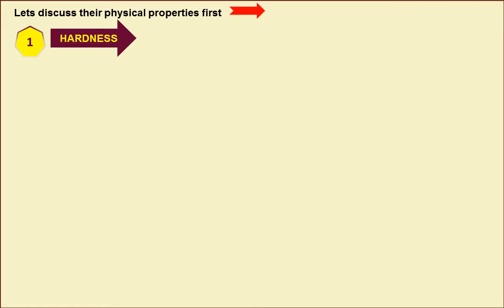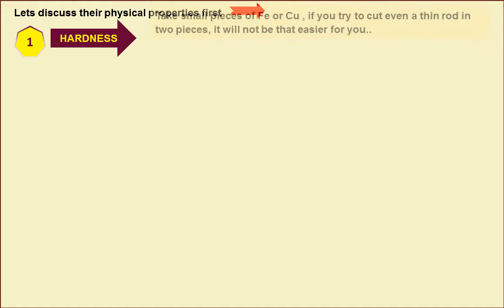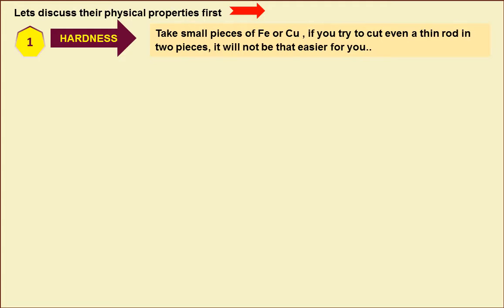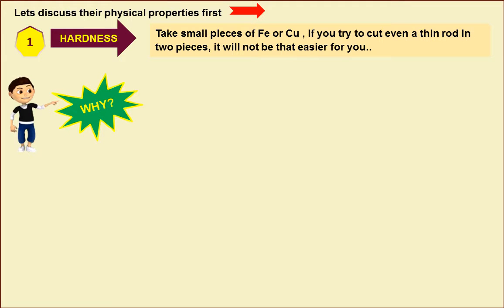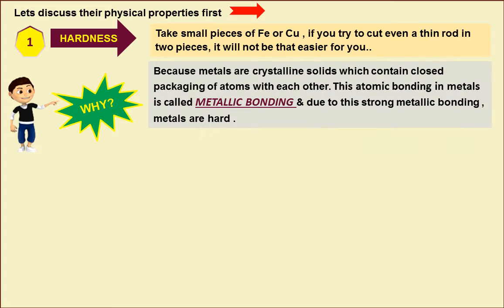Let's discuss their physical properties. The first physical property of metals which we are going to discuss is hardness. Take small pieces of Fe or copper. If you try to cut even a thin rod into two pieces, it will not be easy for you. You know why? Because metals are crystalline solids which contain close packing of atoms with each other.